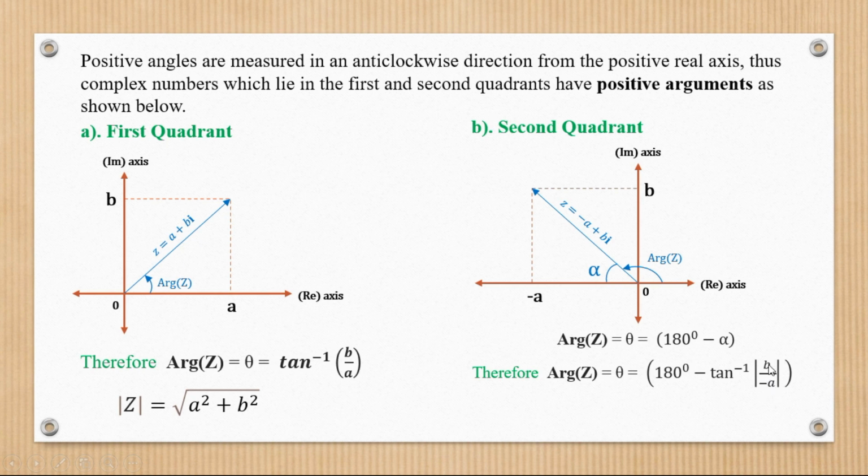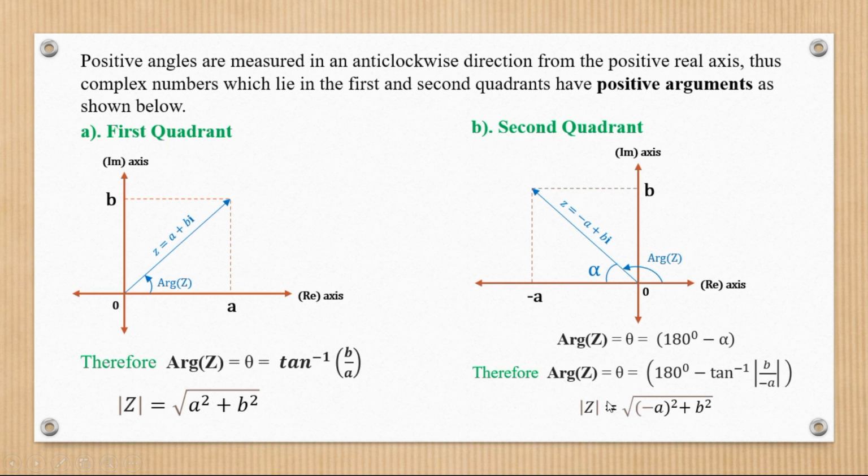So ignore the negative while doing calculations, because the negative simply represents the direction or the position on the real axis. So that's why we end up having 180 minus whatever we have there. So we need a positive answer at the end.